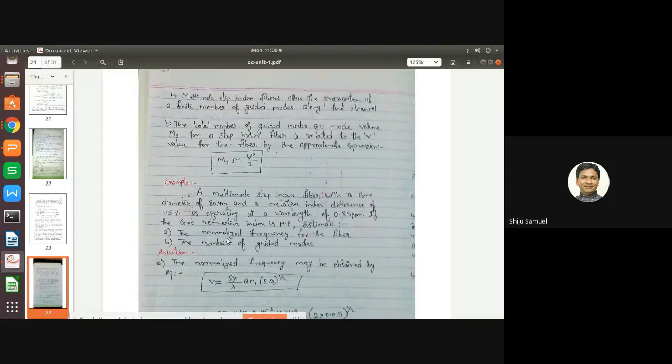It is related to the capital V, where V is the V-value of the fiber. In mathematical form, M suffix S is equivalent to V square by 2.